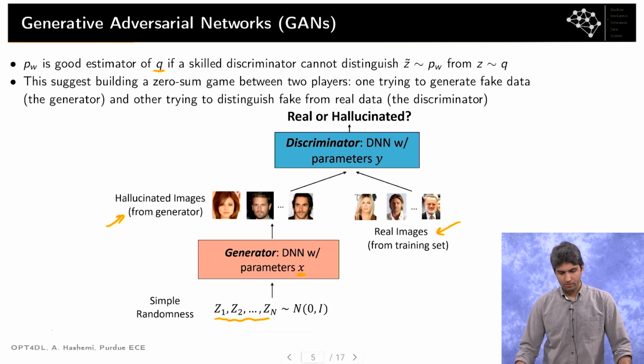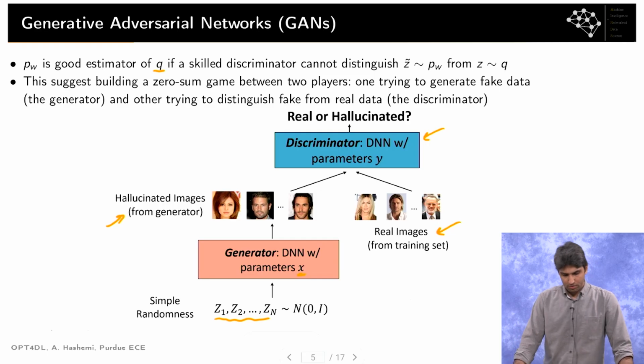Now we're going to use both of these in an iterative process to train both the generator as well as the second agent, the discriminator, which is again a neural network with parameter y. The goal of the discriminator, as I mentioned, is to look at these samples and decide which one is real and belongs to the training data, and which one is hallucinated and generated by the generator.